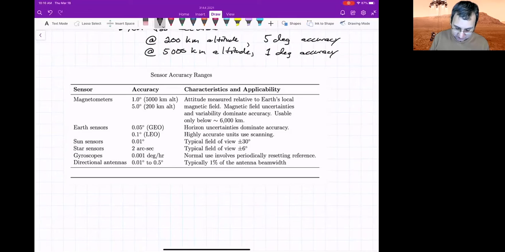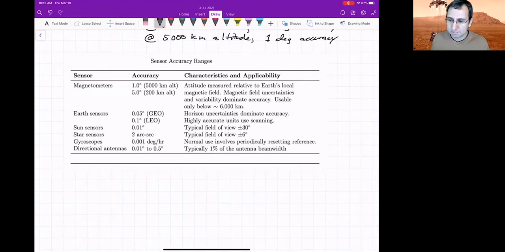Gyroscopes have this accuracy, but that's related more to dynamic attitude sensing. You'll have to know more once you actually design a spacecraft and its attitude sensing. This class is more focused on the basics and the theory, but hopefully this gives you an idea you can work from. So we're now going to go into the attitude determination algorithms.